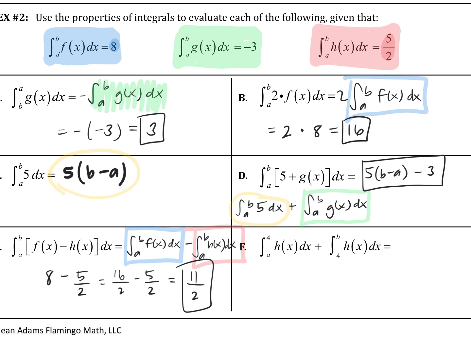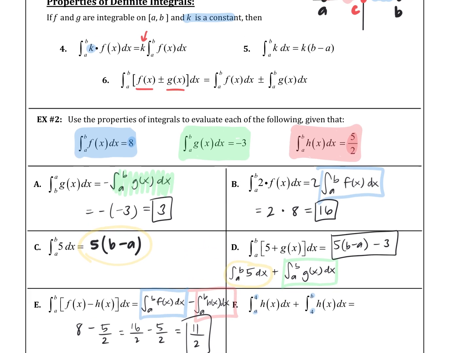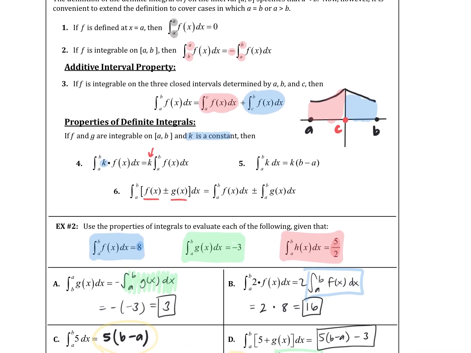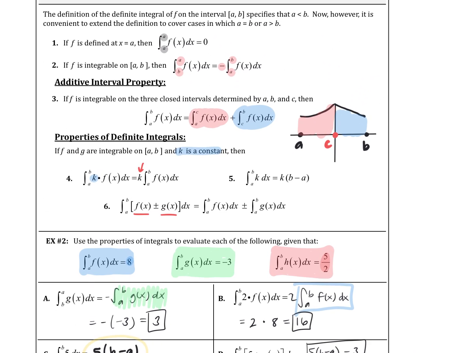Okay, and this last one, f, I'm going from a to 4 of this function h of x, and then I'm going from 4 to b of h of x. So what am I going to do for this one? Yeah, if I go back up here and look at this property, with this picture that I showed you, if the upper bound and the lower bound are the same, I can rewrite that integral to be from a to b.